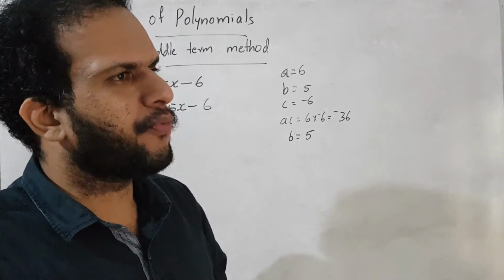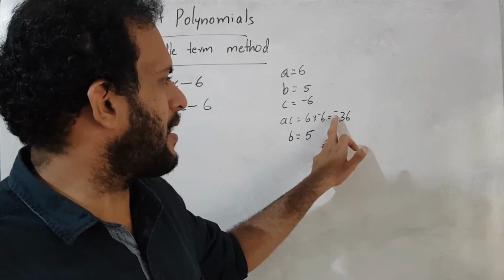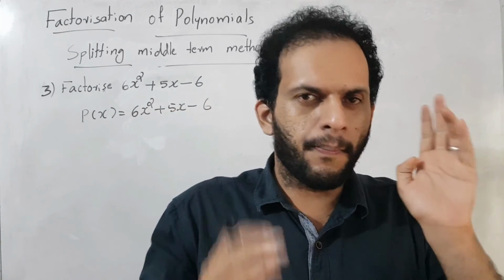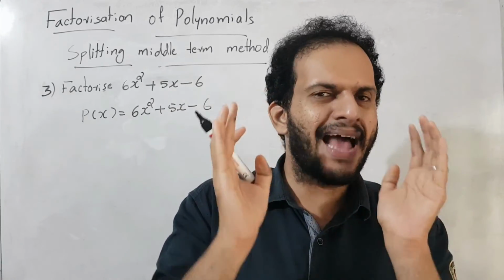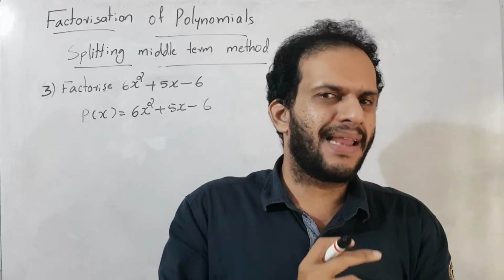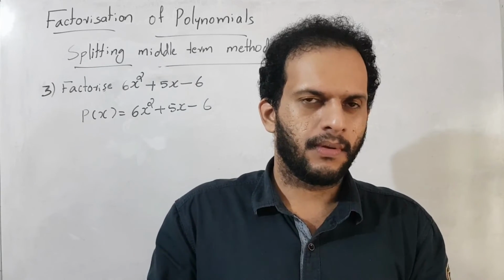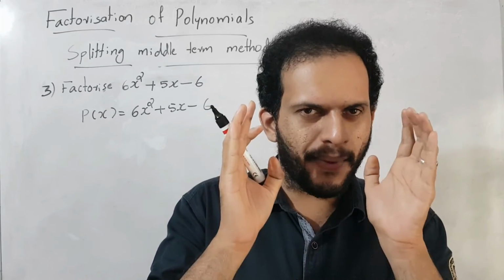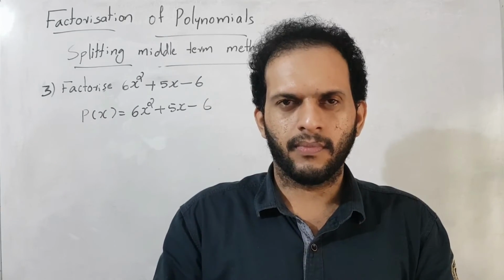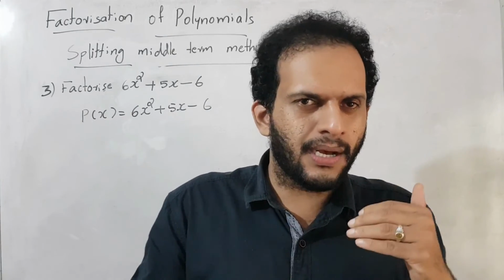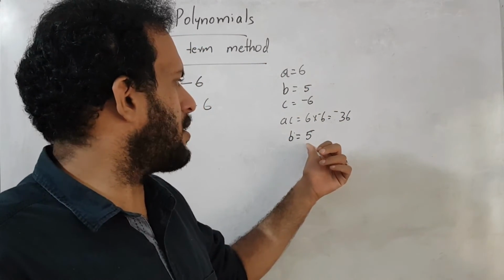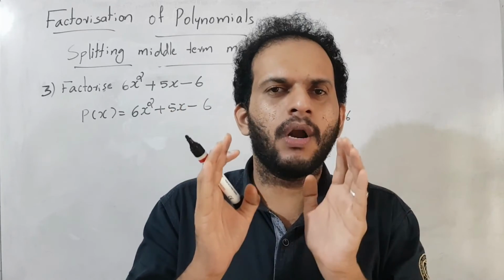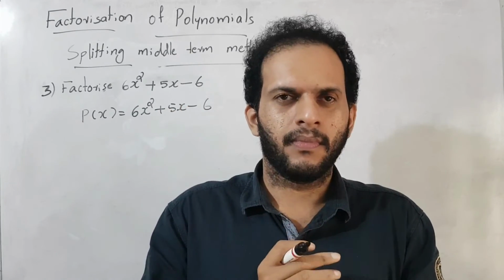Correct? So here it is very clear, the product is negative. The product is negative means in that pair one number is negative. Clear? Then we look at the sum. Sum is positive means the smaller number is negative.